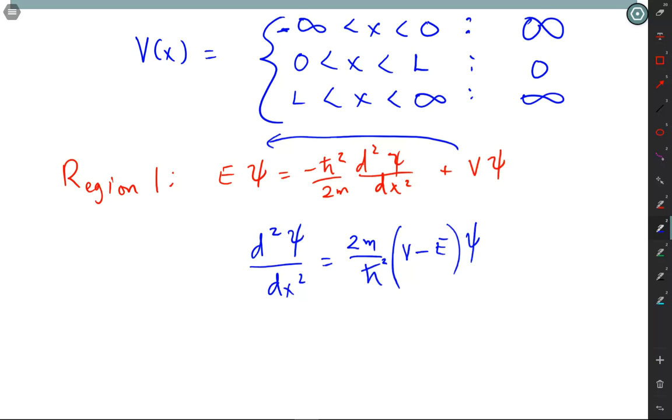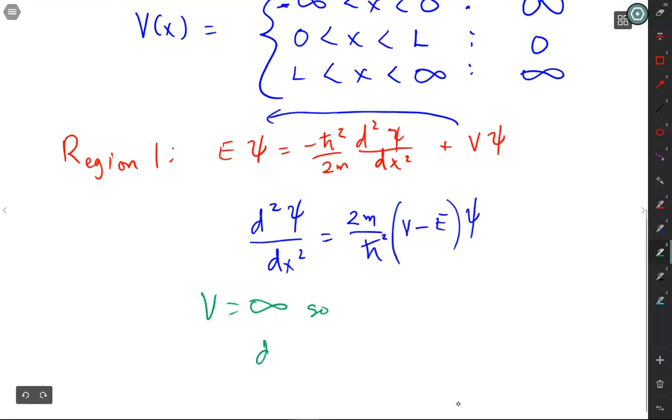So now we can apply region 1. For region 1, d second psi dx squared equals 2m over h bar squared times infinity minus E, and since E is finite, that is just infinity times psi.